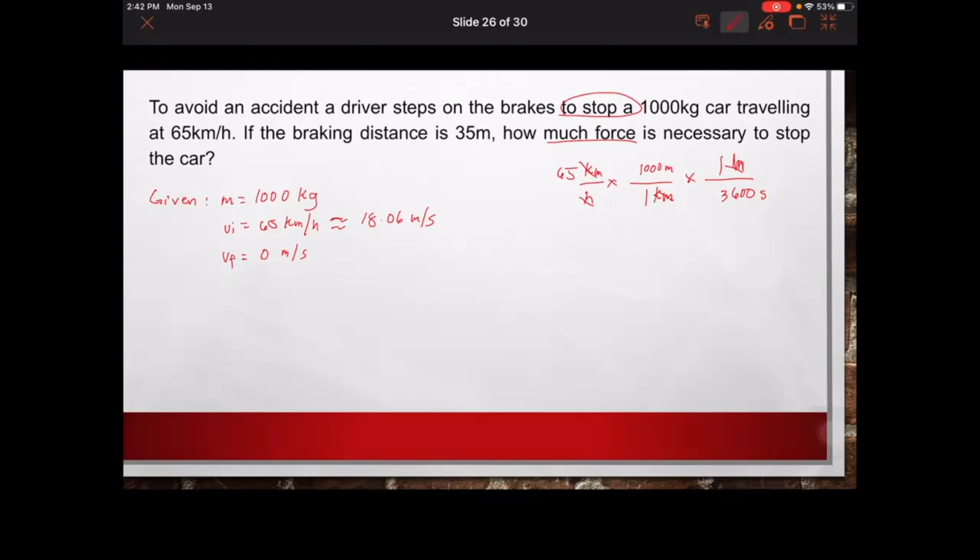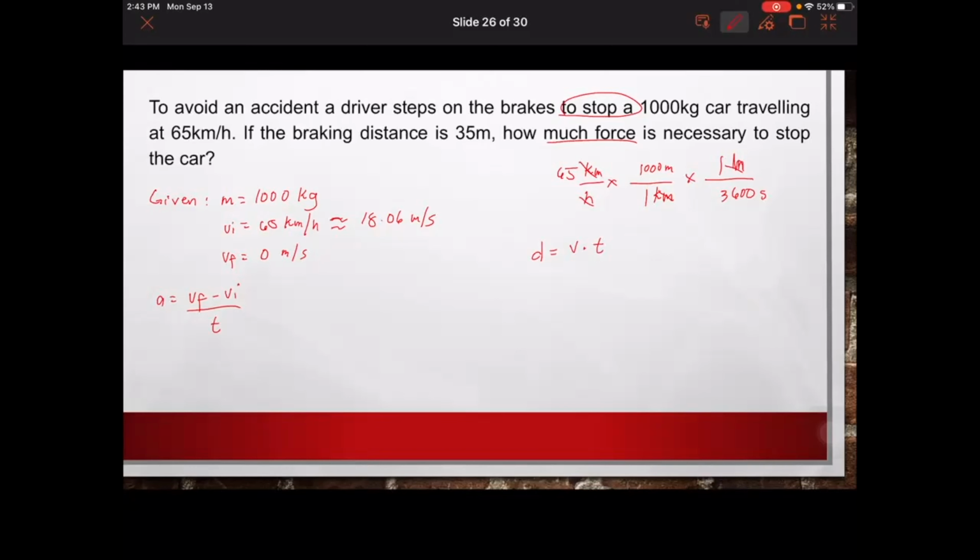Now, what will be our A? Ito yung VF minus VI over time. Walang time dito. Braking distance. To find for your time, gamit tayo ng pinakaunang formula natin last time.